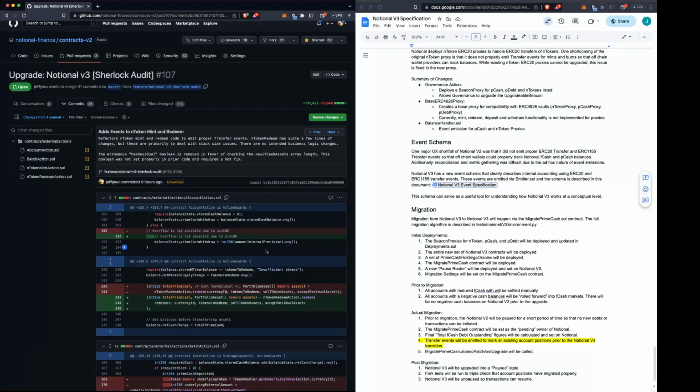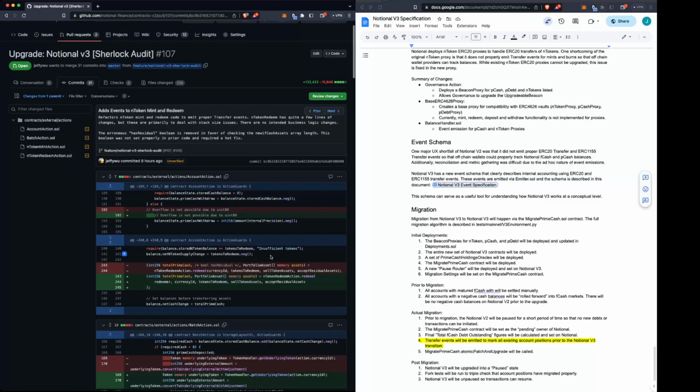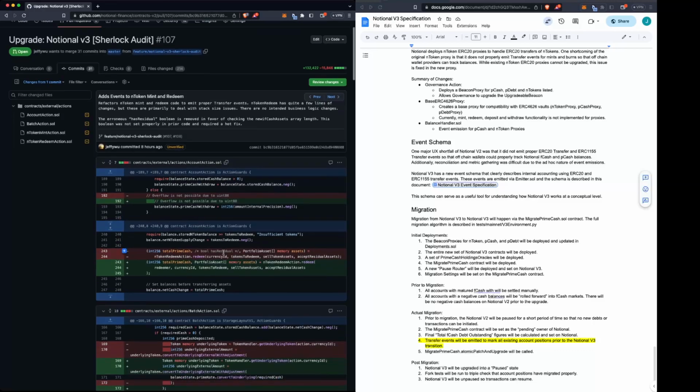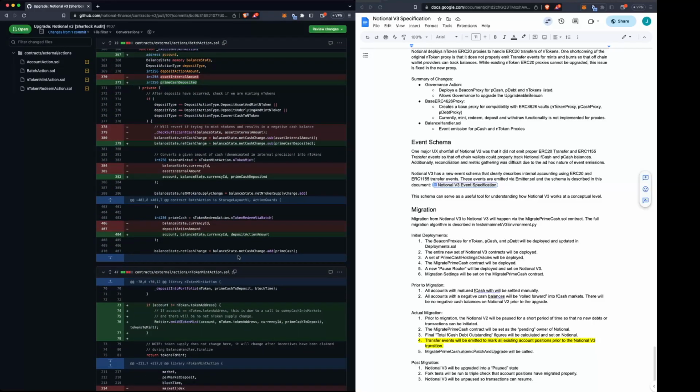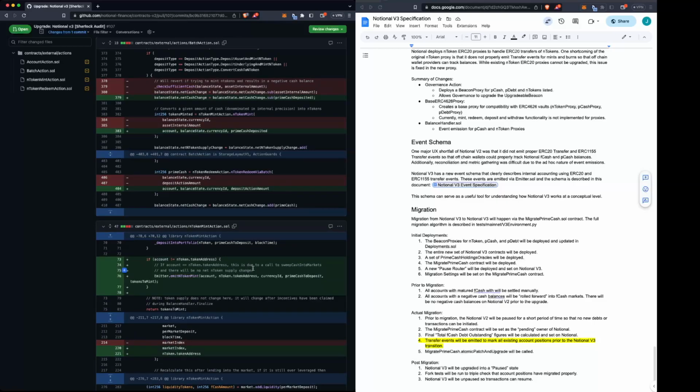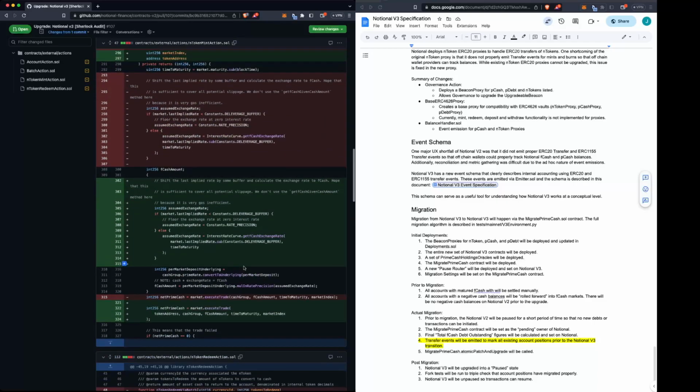These next few commits are really just changes to add these events that I discussed into the different places where they need to be. So in this change set, we're adding the events into the end token mint and redeem process.